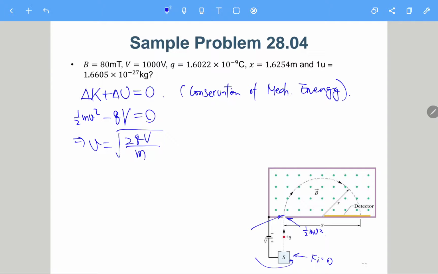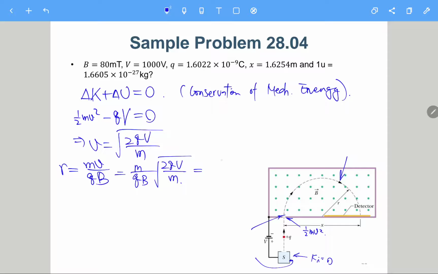Of course this is a circular motion, and we can use the equation r equals mv over qB. Now we know that v is the square root of this term, so we have m over qB times the square root of 2qV over m. In this case, we can cancel something.